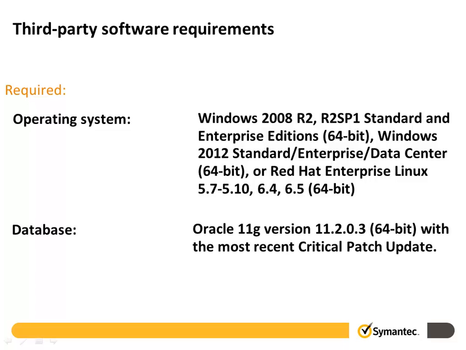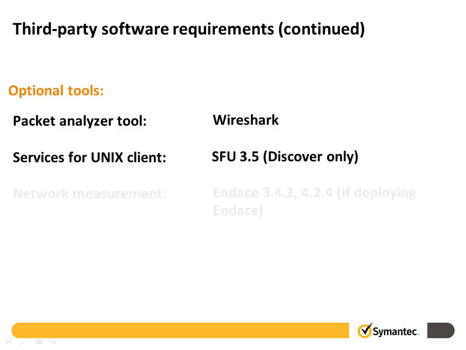Third-party software requirements. Required tools are the operating systems we covered earlier for the Enforce server and detection servers, and the database for DLP is Oracle 11G version 11.2.0.3 64-bit with the most recent critical patch update. Optional tools can be used.